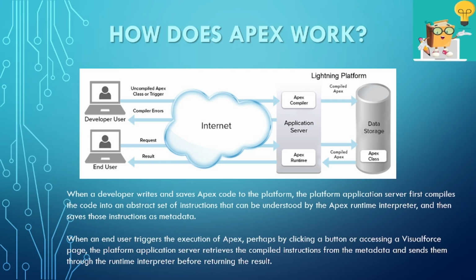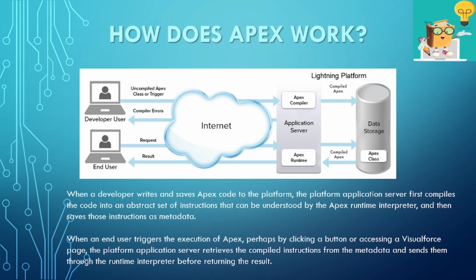Whenever you write an Apex class and click on save, the Apex compiler reads your code and converts it into a set of instructions. Those instructions are stored in the form of metadata in Salesforce, on the server.